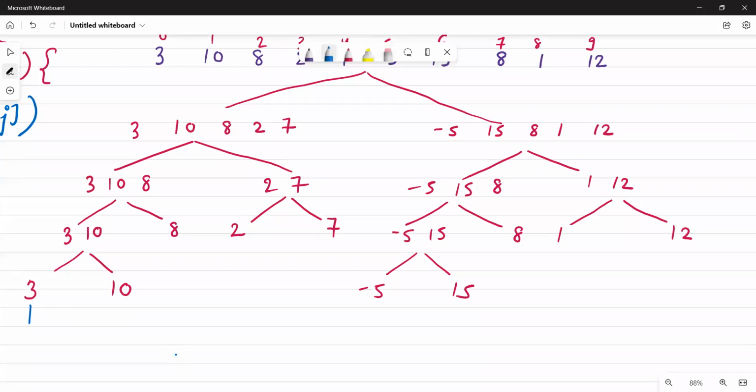No. So we will reject that. And now we will merge them in a sorted way. That is 3 will come first and 10 will come later. What I'm trying to say is we compare these two and then we will merge them. Clear so far? There is no coding as of now, so don't bother about how we are going to code it. Just try to learn the concept, okay?